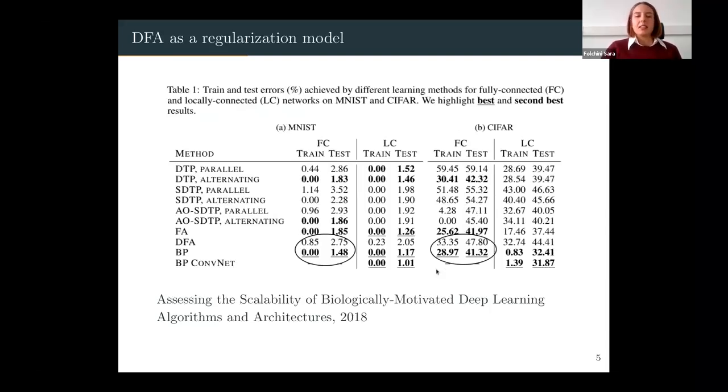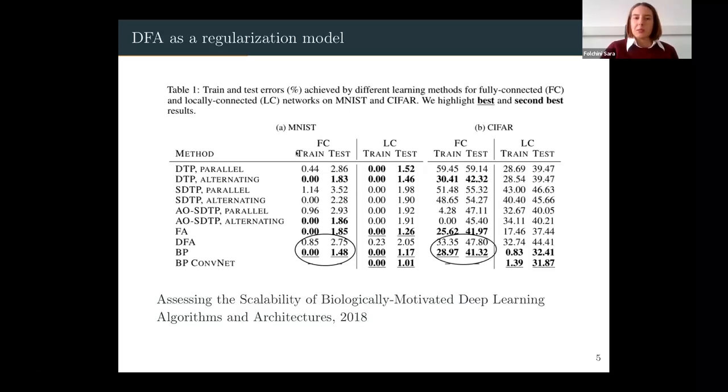That said, in the literature, studies about the scalability of biologically plausible algorithms have placed DFA at a disadvantage compared to BP. But this is only regarding the test error, so the error on the dataset taken into consideration. We will see that in the continual learning context, this can be reversed.